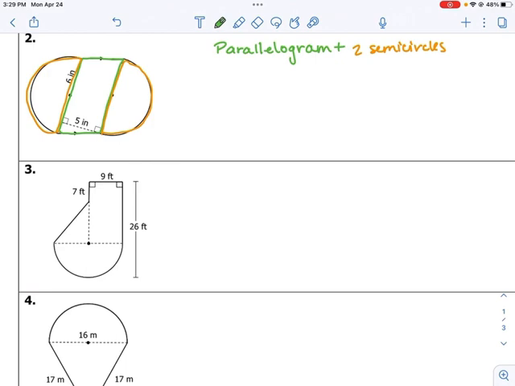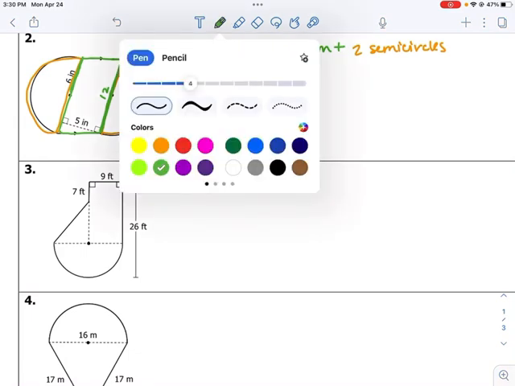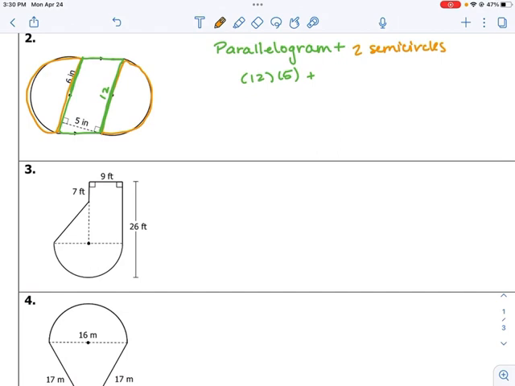Okay, so let's look at our parallelogram. Parallelogram is just base times height. Well, if the radius of the circle is 6, then the whole length, the diameter of the semicircle, which would be the length or the base of our parallelogram, would be 12. So 12 times 5 would give us the area of that parallelogram. We have 2 semicircles, which is really just one circle put together, would be pi r squared, and our radius is 6.